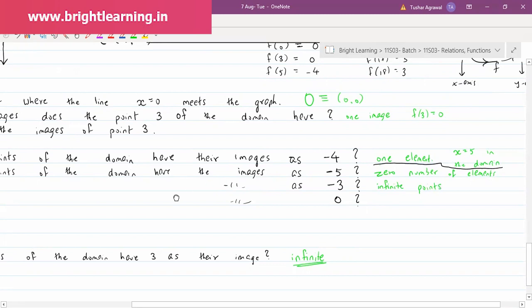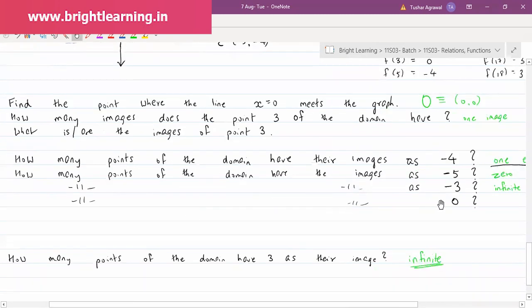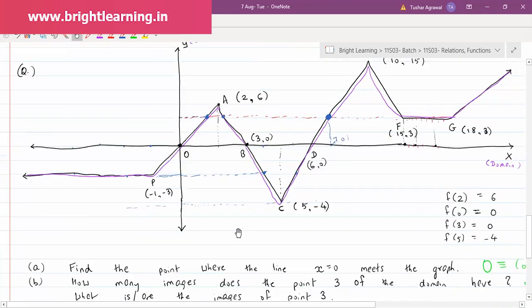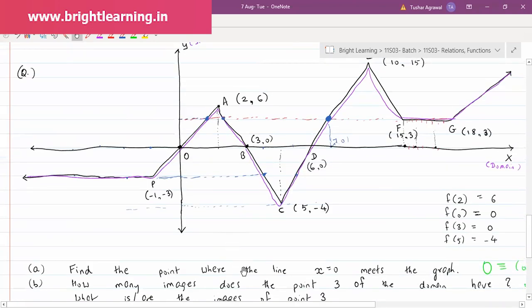And how many points of the domain have 0 as their images? Now answer this question, everybody. F part, how many points of the domain have 0 as the image? Everyone should answer this. I'm expecting the answer in the chat box.